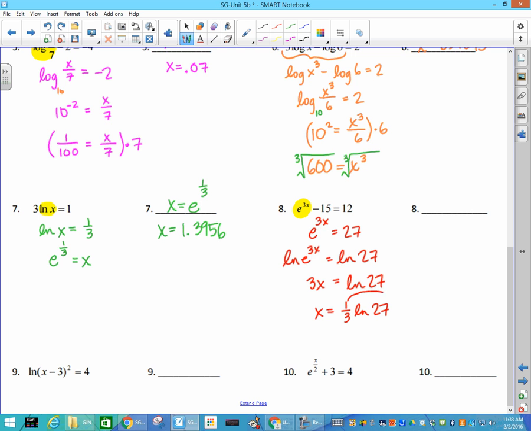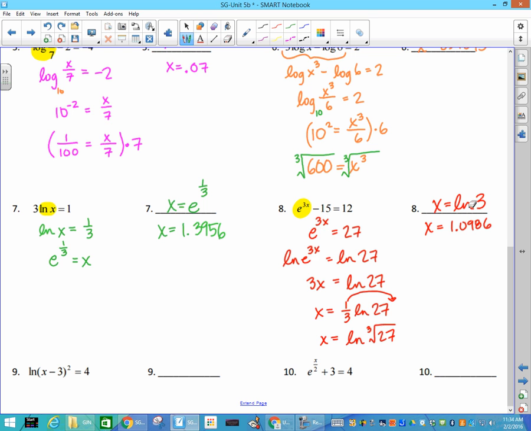So you would take this up here, and that would give you x equals ln of 27 to the 1/3, which is the same thing as the cube root of 27. And the cube root of 27, of course, is 3. So this is x equals ln of 3. Or if you want the decimal, would be x equals 1.0986. So again, on the test, either of these two are good; anything else is not completely simplified.